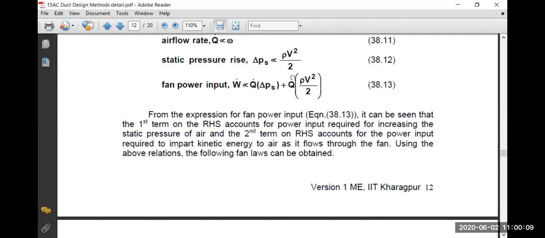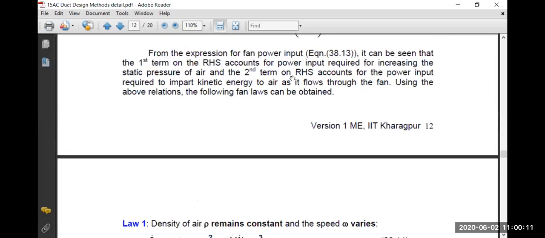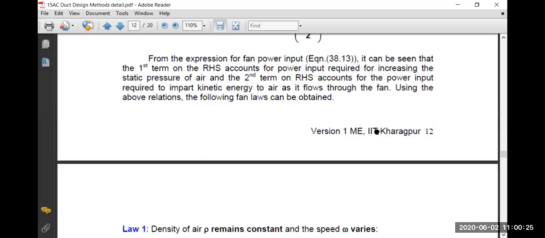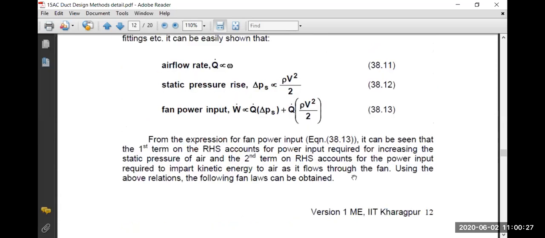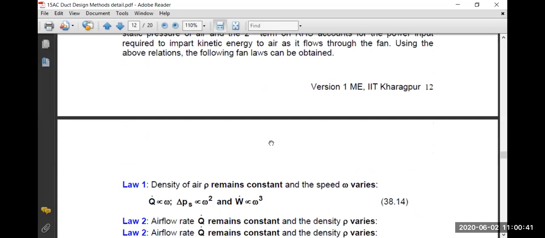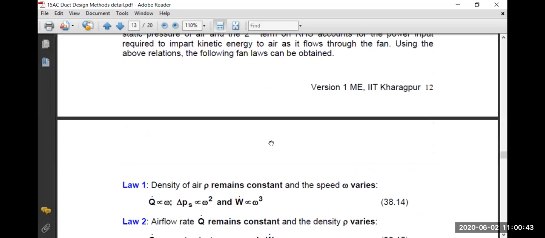From the above expression of the fan power input, it can be seen that the first term on the right hand side is required for increasing the static pressure of the air, and the second term is the power required to impart the kinetic energy to the air and to provide the necessary velocity to run the duct system. Using the above relation, the following fan laws can be obtained.